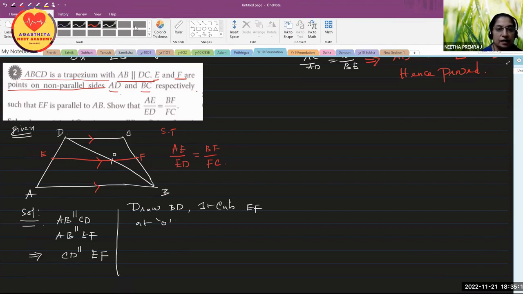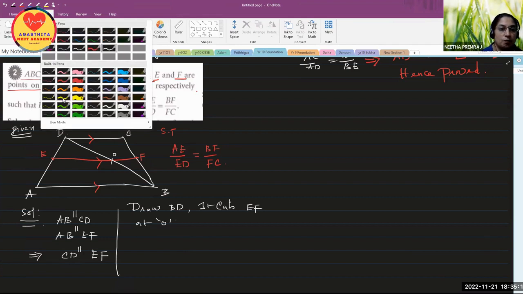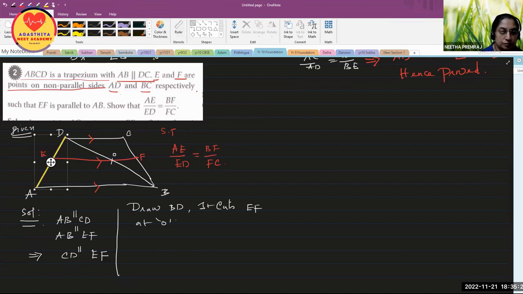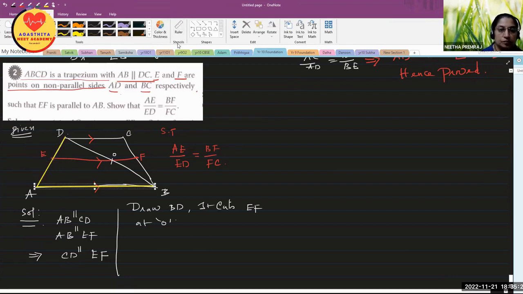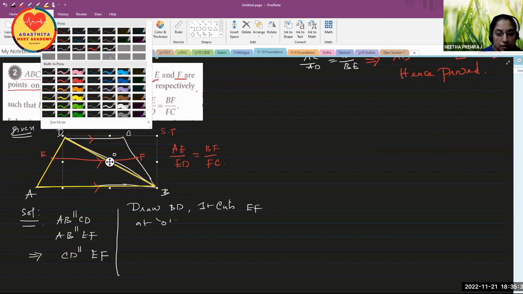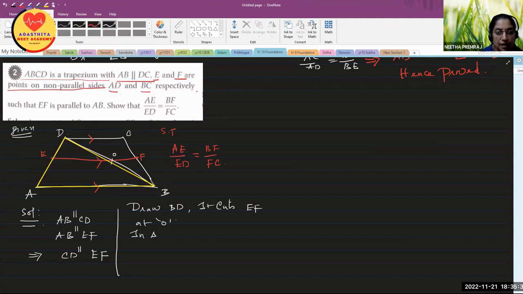Now I consider the triangle ABD. In triangle ABD, we know that EF is parallel to AB.